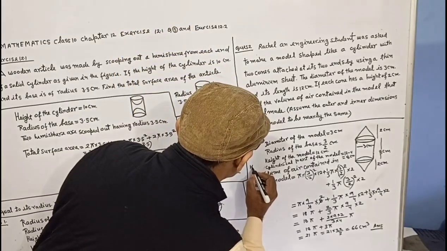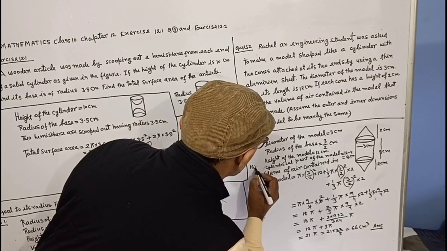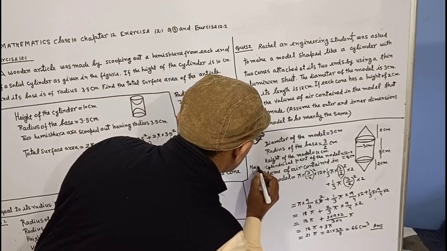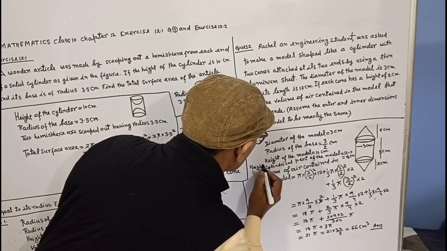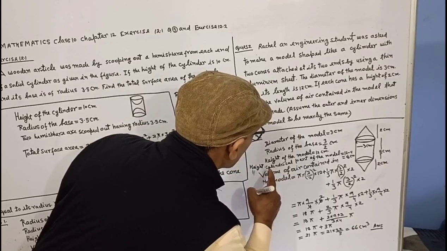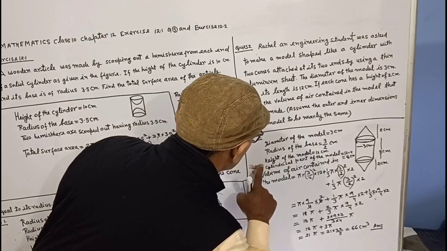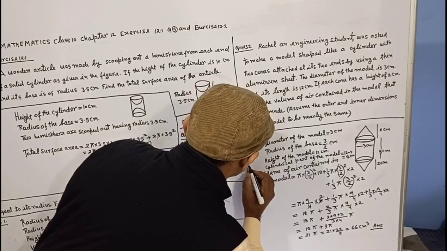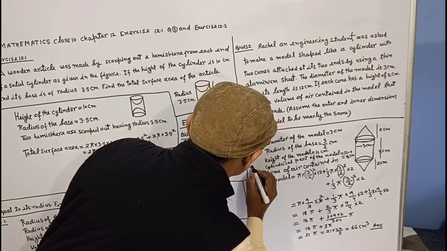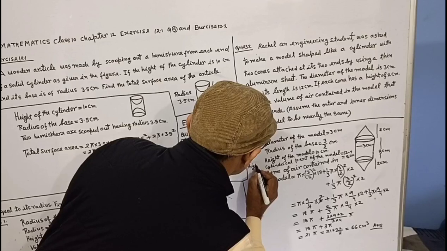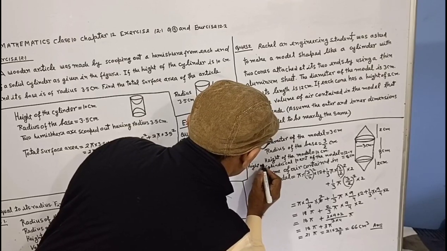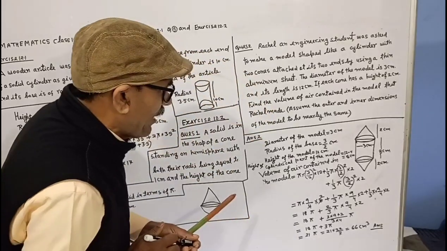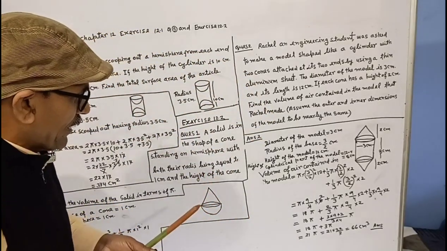Height of the cylindrical part of the model equal to 12 minus 4 is equal to 8 centimeter.